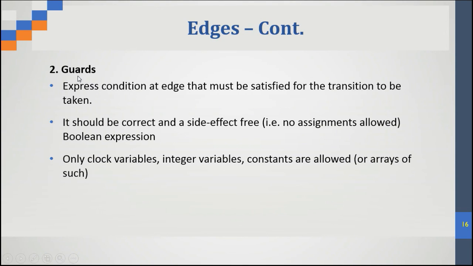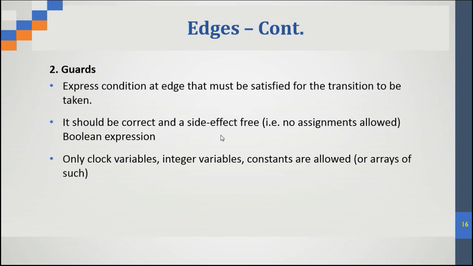The guard on the edge, as we see, is an expression condition that must be satisfied, and should be true, to allow the transition from one state to another state, or from one location to another location. It is side effect free, which means we cannot use it for assignment.